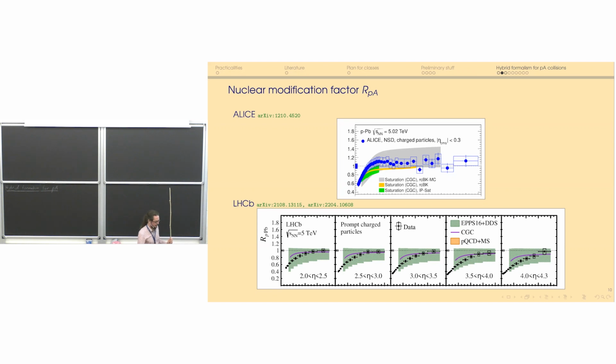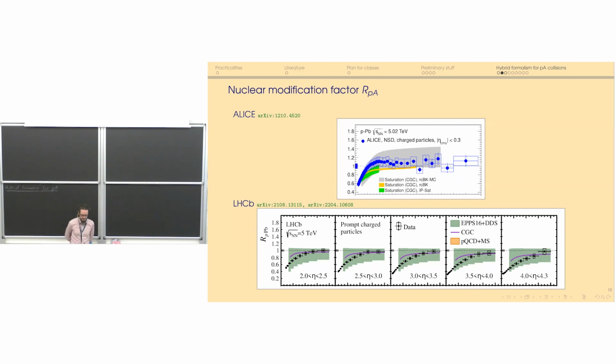In this lecture, we will concentrate on the basic idea of where the equation comes from that you're using to calculate these for the proton and for the nucleus separately, and then take the ratio. This calculation is done in what is known as the hybrid formalism in proton-nucleus collisions. Good. So that's the kind of data we might want to understand.